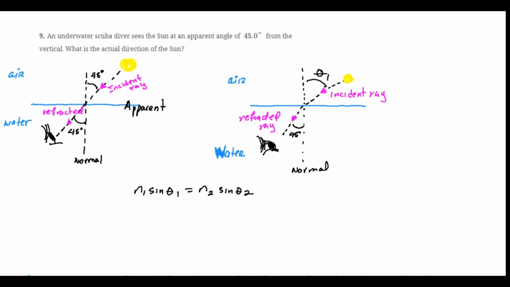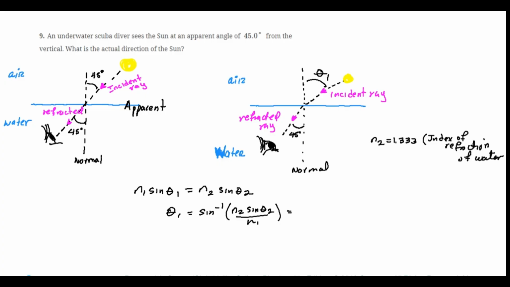So we're going to say that this theta 1 will be the sine inverse of n2 sine of theta 2 over n1, where n2 is 1.33 because it's the index of refraction of water, while n1 is 1.0009293 because it's the index of refraction of the air.